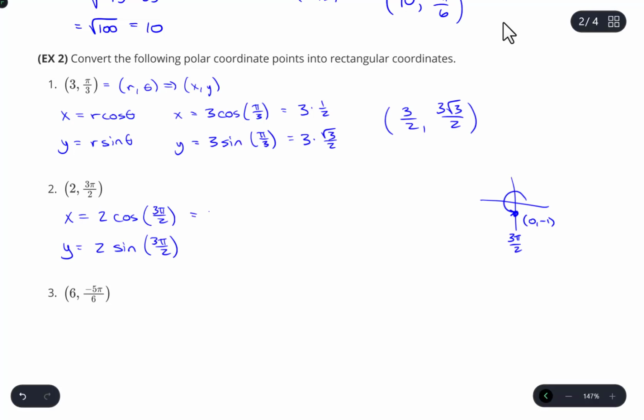So this would be 2 times cosine of that is 0, and then 2 times sine of that angle is negative 1. So 0, negative 2, sorry about that, would be our coordinate.